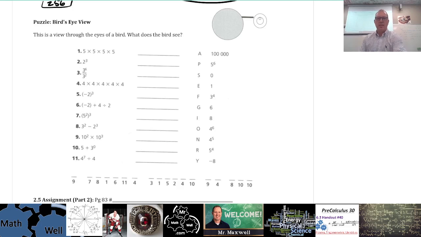If we evaluate each one of these, and then you can arrange the letters to answer this problem. So you guys should have this in your notes. Go ahead and work on that. If some of you have worked ahead and done it already, try not to spoil it for others, but I do want you to show your answers here for each one of these and see if you can solve this puzzle. Okay? So take a few minutes and work on that.